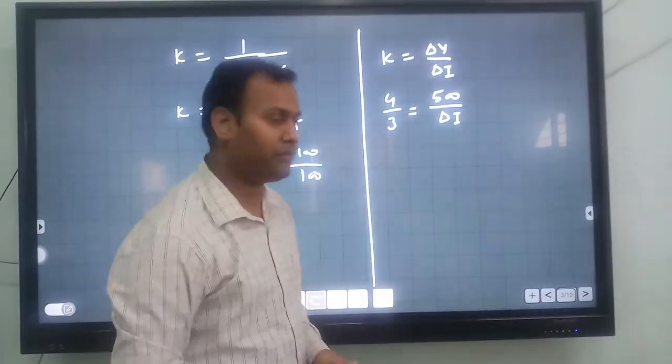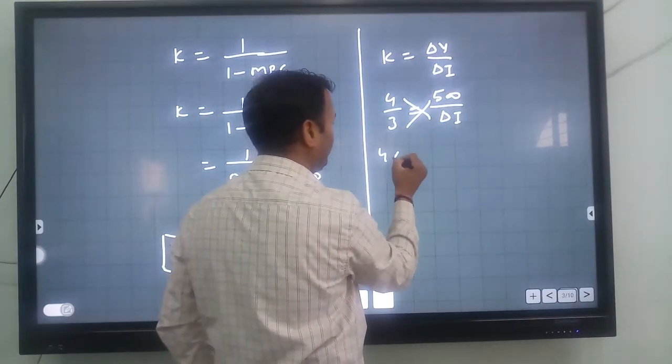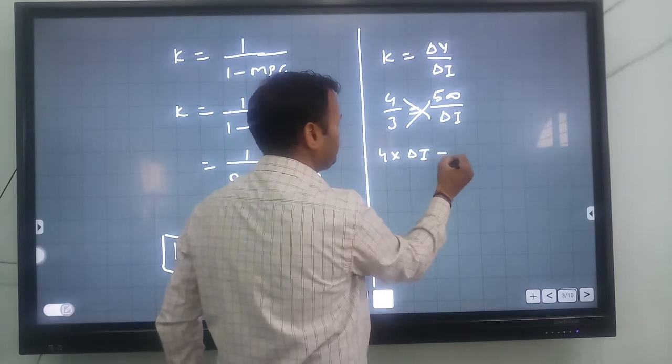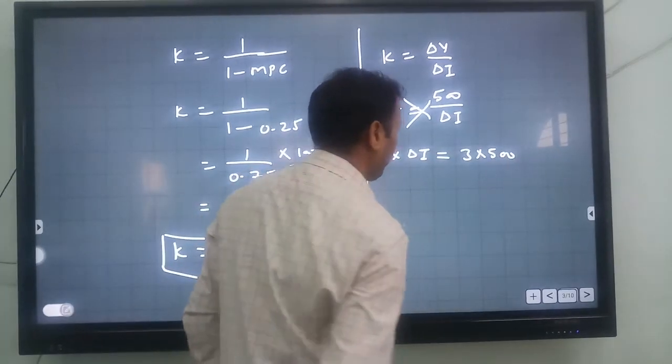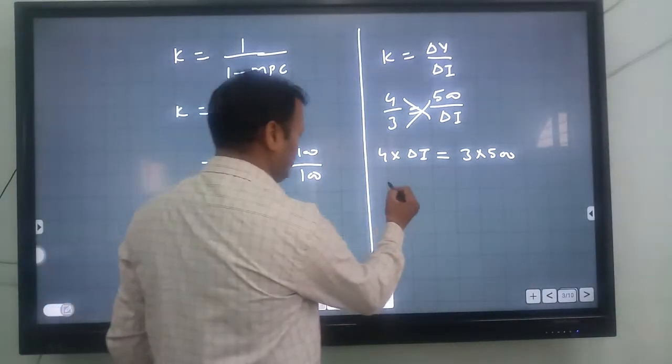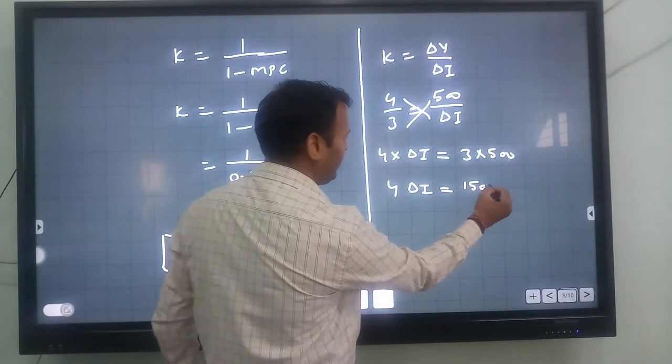So what will you do? We will just cross multiply the equation. So 4 into delta I is equal to 3 into 500. So 4 delta I is equal to 1500, as 3 fives are 15.